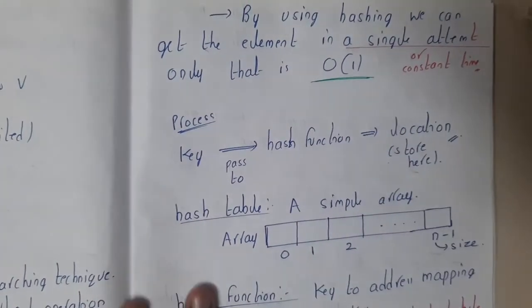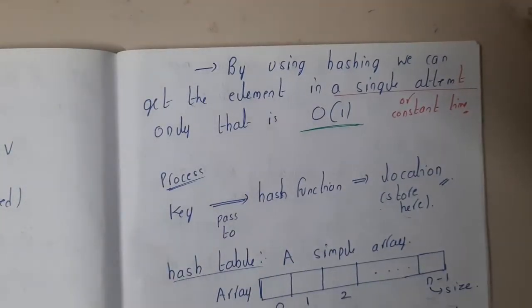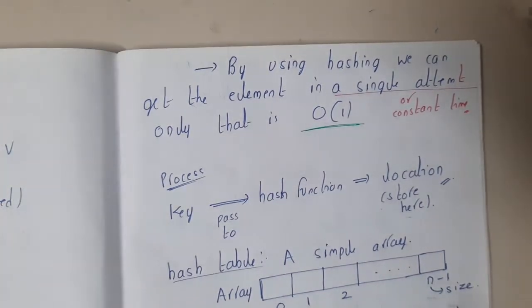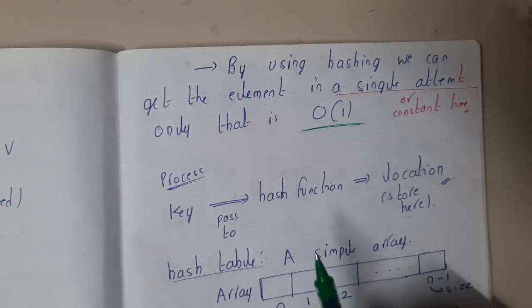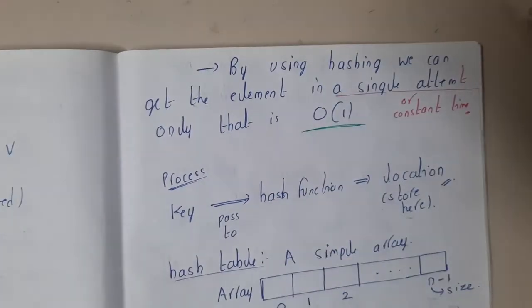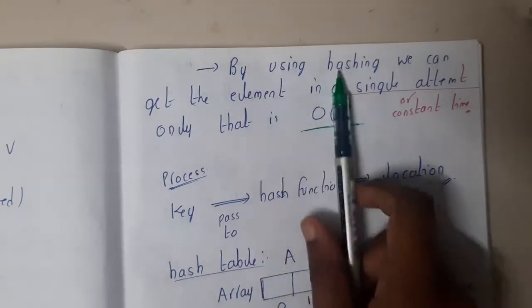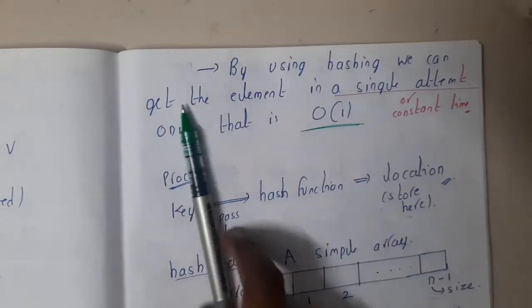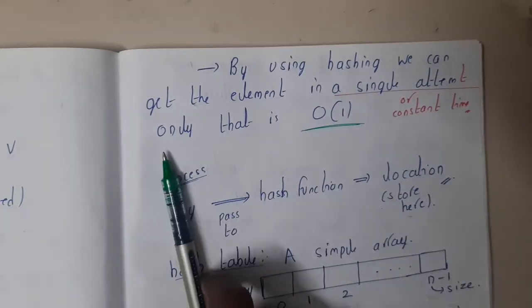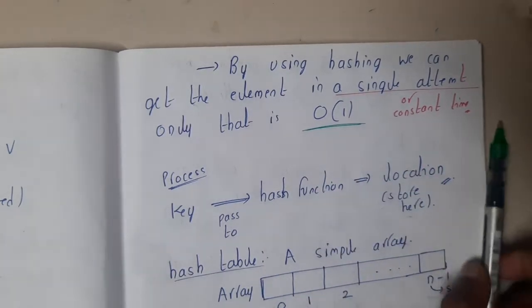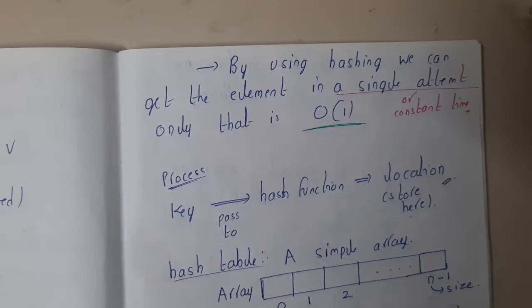Most of you will be asking how it is possible to get the element in a single search. Most of you have got that doubt already. Don't worry, I'll explain it clearly. By using hashing we can get the element in a single attempt, that is O(1), or constant time. What is the exact process?